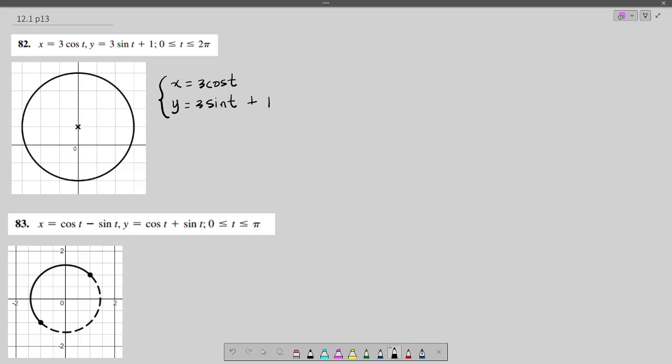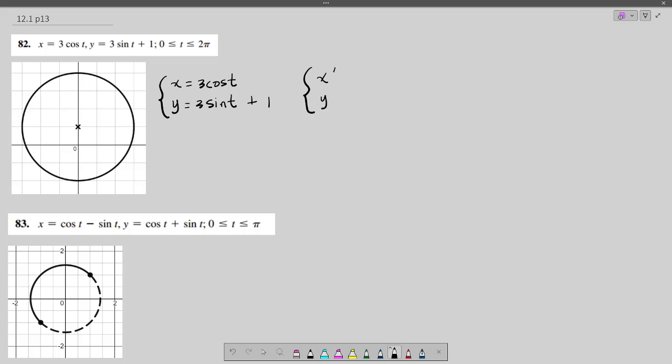So you can see, I think, that we shift up 1 unit. No horizontal shift because the cosine is all by itself up here without a shift. So if we just had 3 cosine and 3 sine, we'd have the circle centered at the origin. And if we add something, we just shift it. So there's our parametric curve.